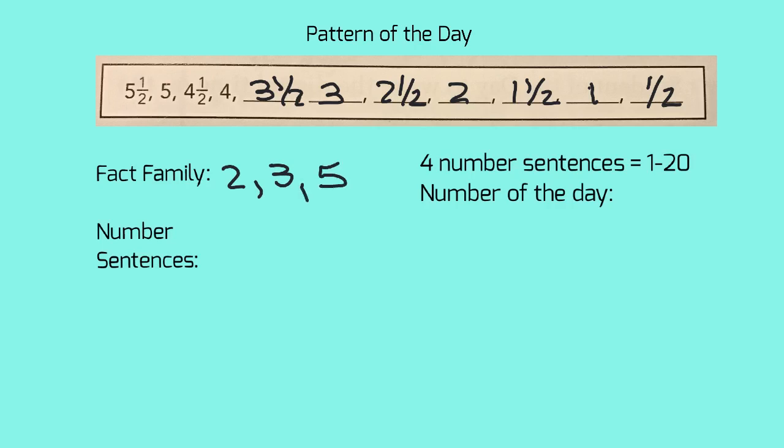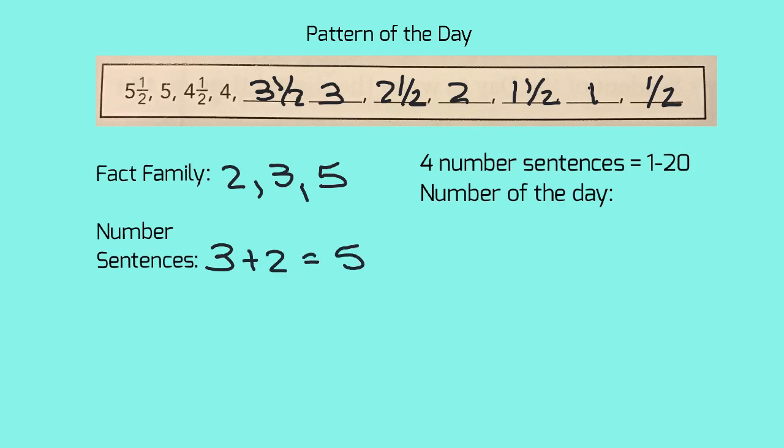All right, today our fact family is going to be 2, 3, and 5. So we need to come up with our number sentences for that fact family. We have 2 adding sentences and 2 subtracting sentences. So the first one would be 3 plus 2 equals 5.